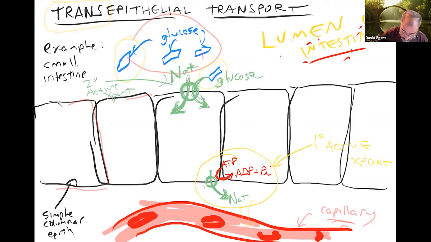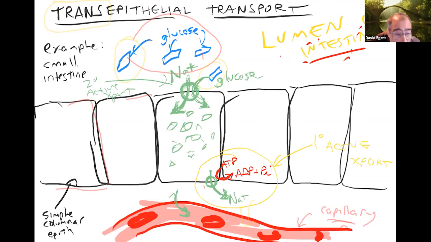All right, so we are getting a whole bunch of glucose now into the cell because we are using the secondary active transport. On the other side, there's not a lot of glucose, because all the glucose that ends up on this side is getting taken up into the capillary.